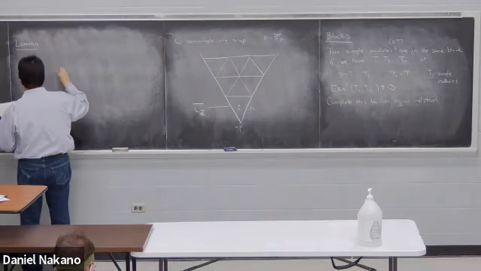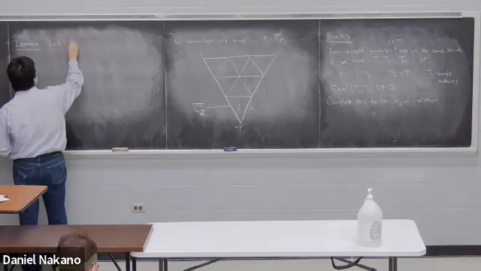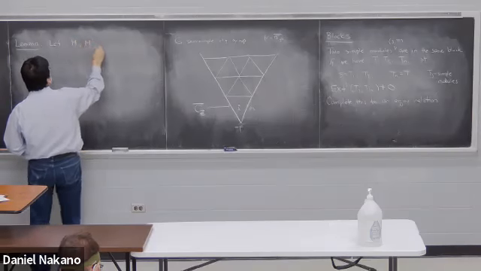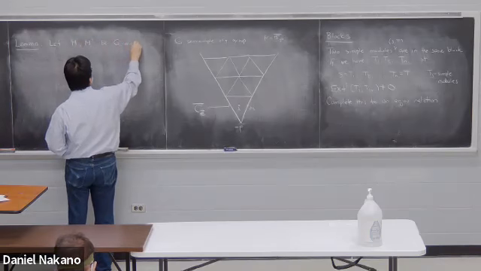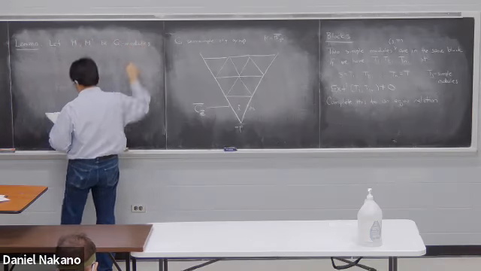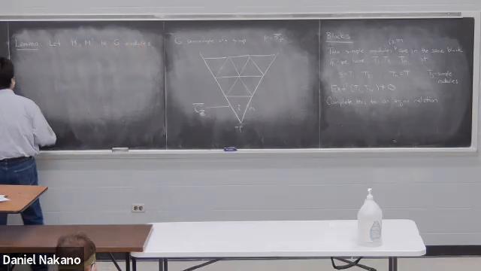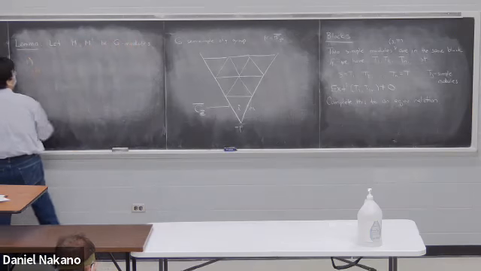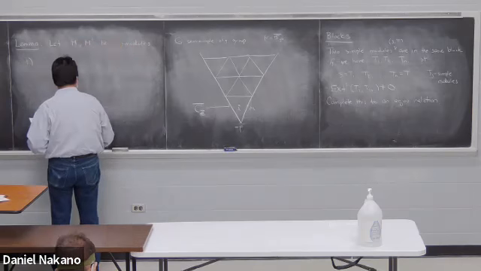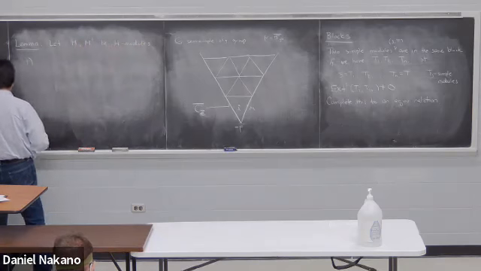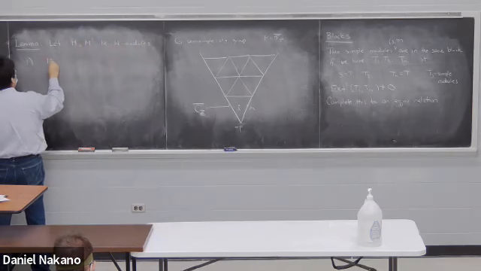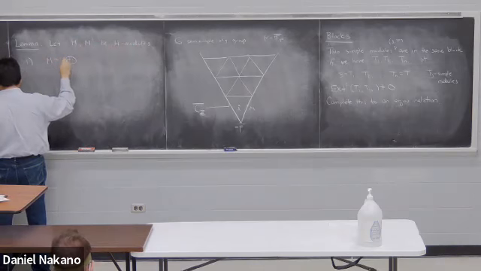Let M and M prime be rational H modules. Then one, M is equal to the direct sum over blocks B of M_B. I'll explain the notation.